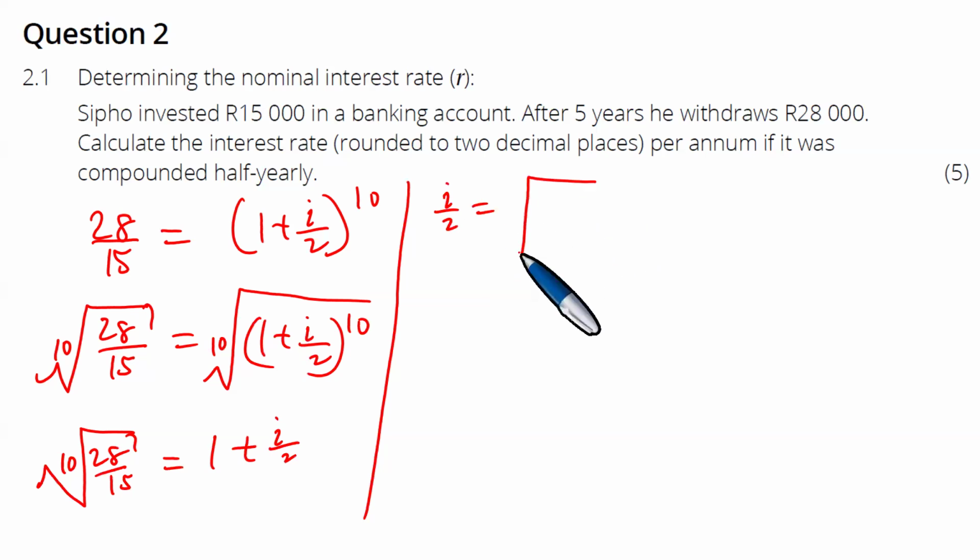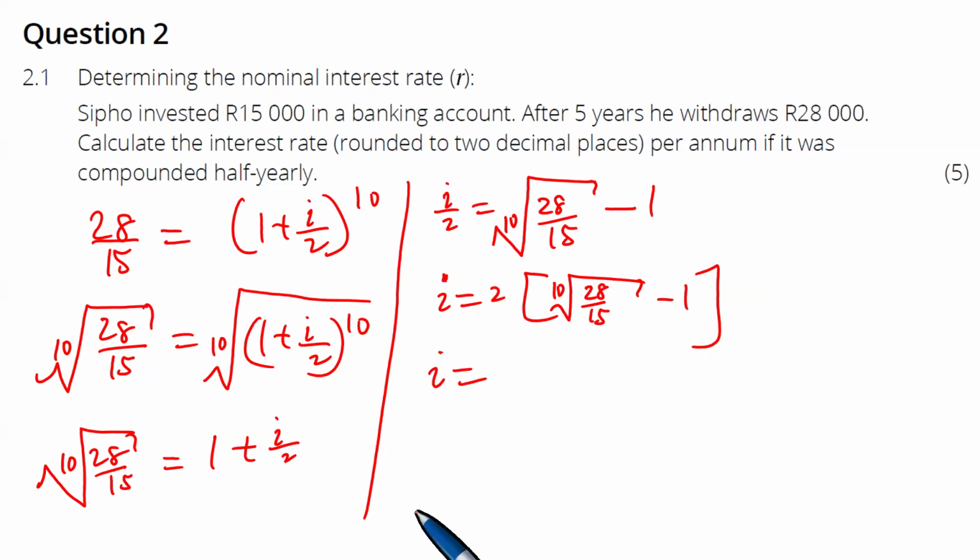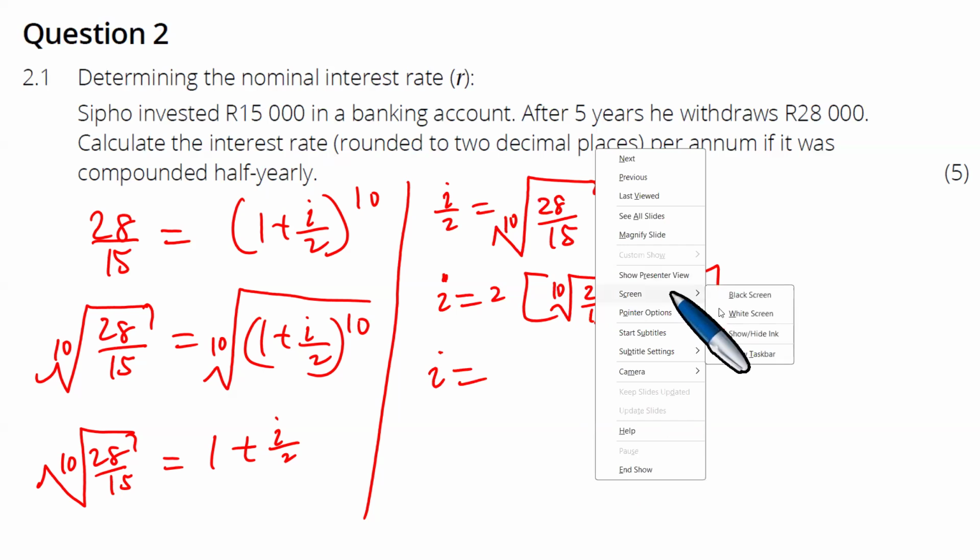Which is the 10th root of 15, minus 1, which means i equals 2 times the 10th root of 28 out of 15, minus 1, like this. Right, so now we continue to use our calculator to get the results.